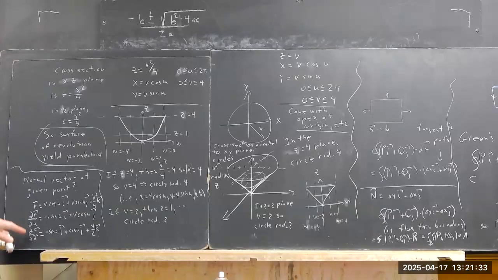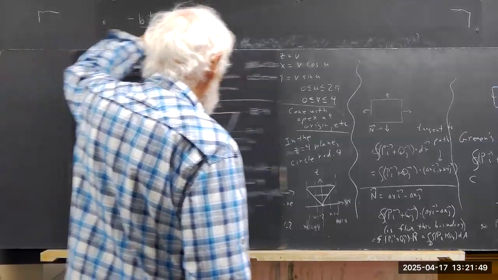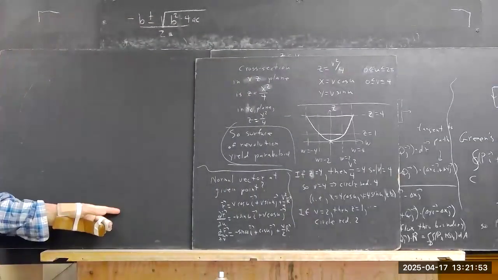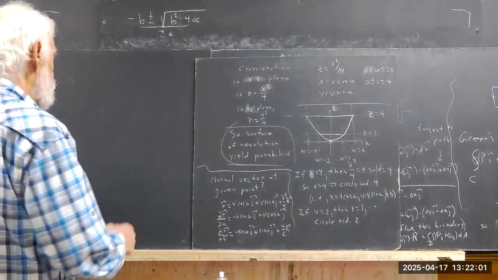If you take the cross product of these two vectors, I need more room to write it up, so to speak. Room to board accordingly. Okay, see where the edge of this board is.